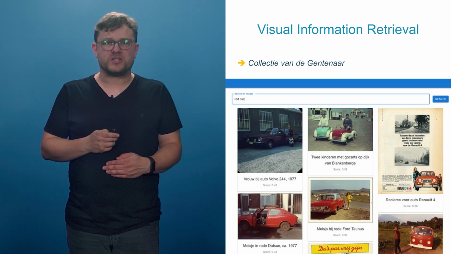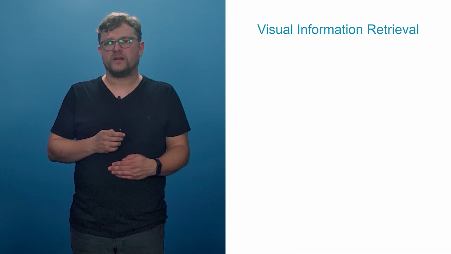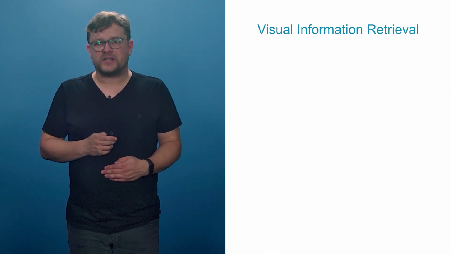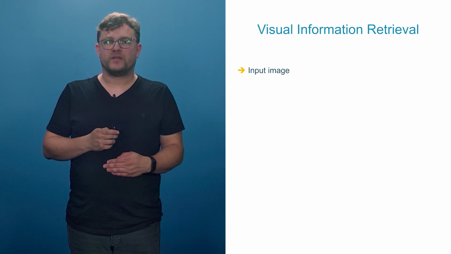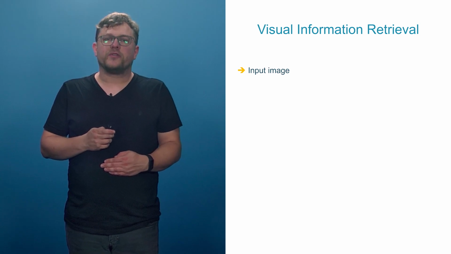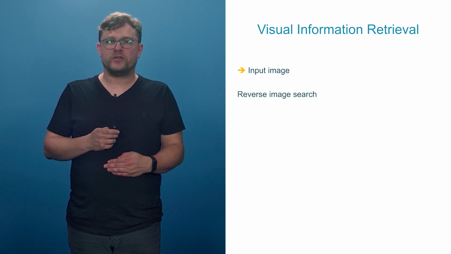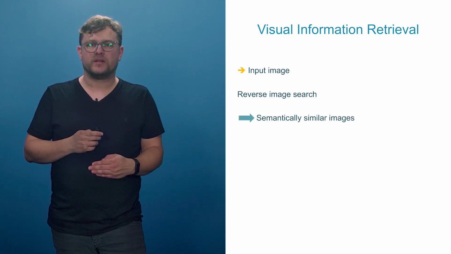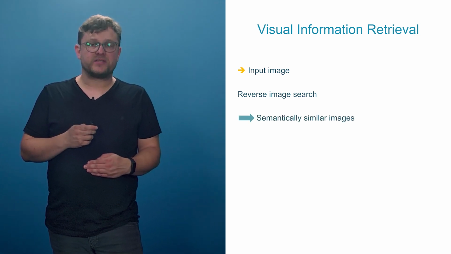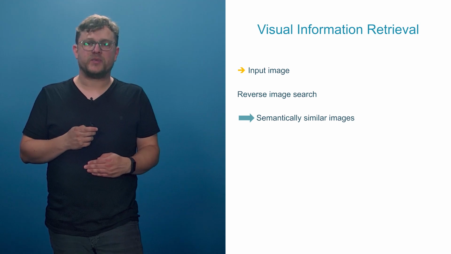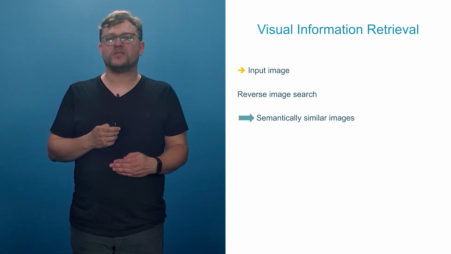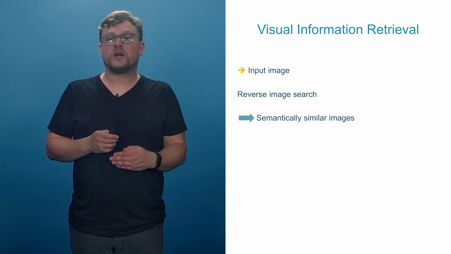But how does this work? Another thing you can do in a system like that is to input an image. You can do a thing called reverse image search, where you look for images that are semantically similar. That means that pictures can look very different in appearance, as long as the content or the topic is similar, and then they will come out on top.